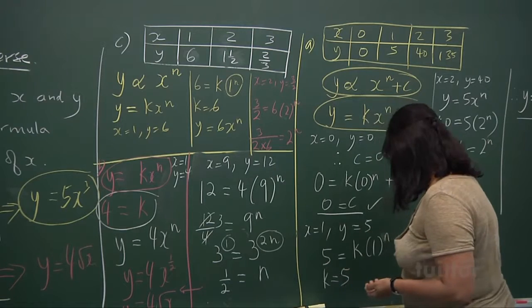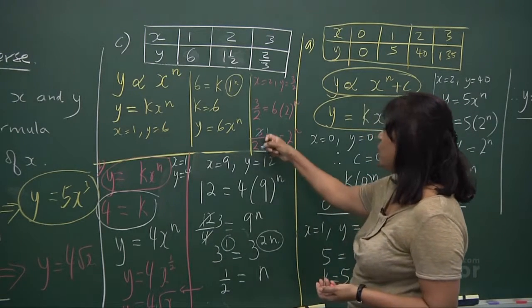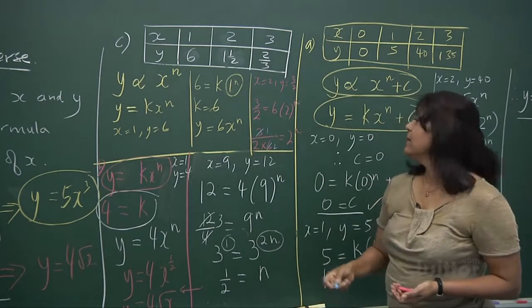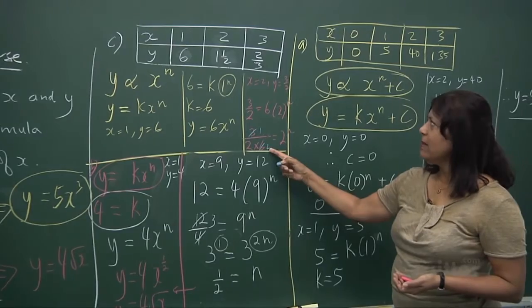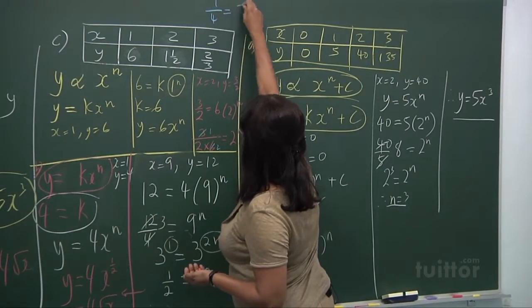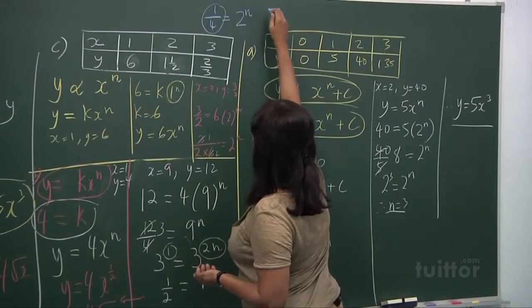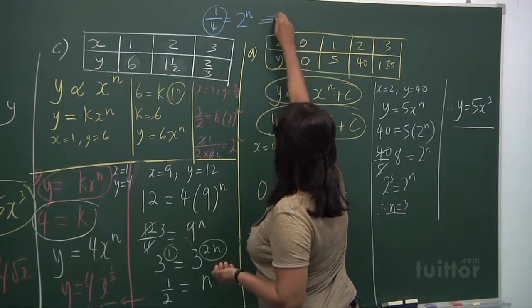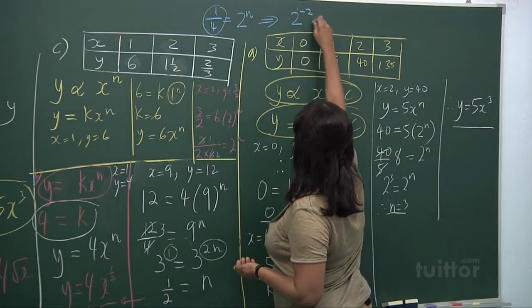Now, my dear, simple division, you get 1/4. Do you see that? So you get 1 upon 2 squared. So when you have 1 upon 4 equals 2 to the power of n, and 1 upon 4 is none other than 1 upon 2 squared, which is 2 to the power minus 2.